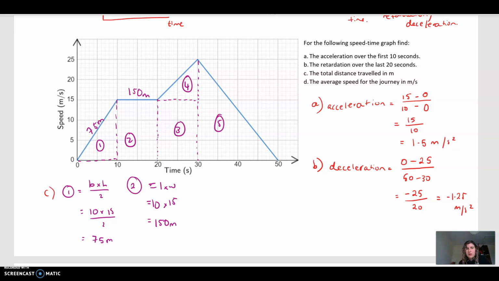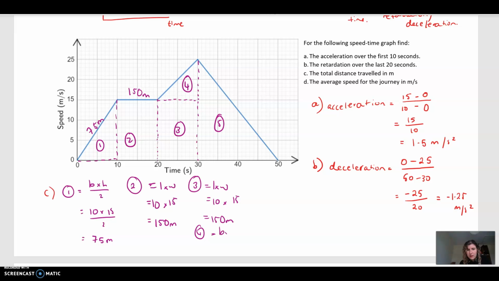Now this next bit's a bit tricky, because if we're calculating the area under this, we actually have to break it into 2 shapes. We've got another rectangle, and that second rectangle is again 10 seconds times 15, so that's 150 meters again. But then the fourth bit is this little triangle on the top.